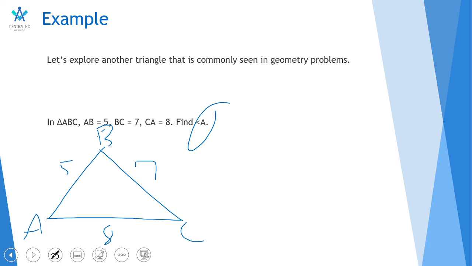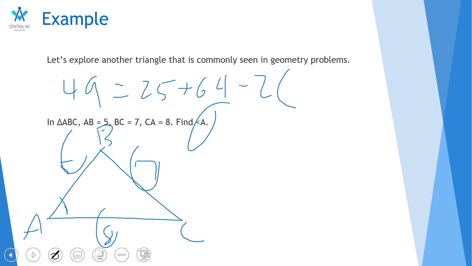So we're trying to find this angle. That means that this squared equals that squared plus that squared minus 2 times the product of these times cosine A.